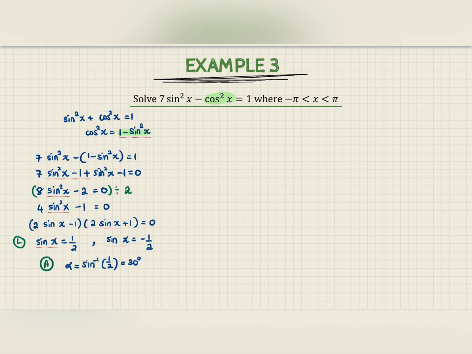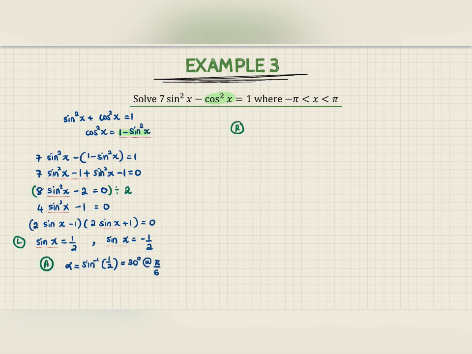Kalau tengok dekat soalan ni dia bagi in terms of pi. So boleh kekalkan sebagai 30 degree. So jalan kerja kita buat degree, lepas tu kita akan tukar kepada radian lah. Ataupun let's say kalau siapa yang nak tukar daripada awal pun boleh, tak ada masalah. So 30 degree is actually equals to pi over 6. So ni LA sudah. Now kita pergi kepada range.